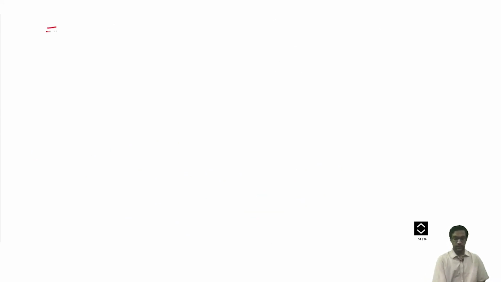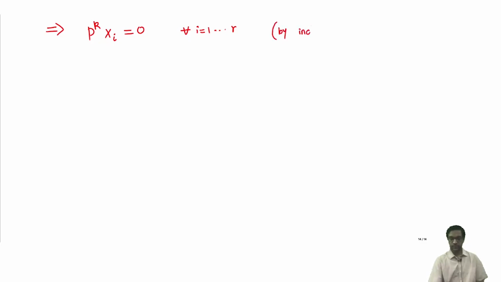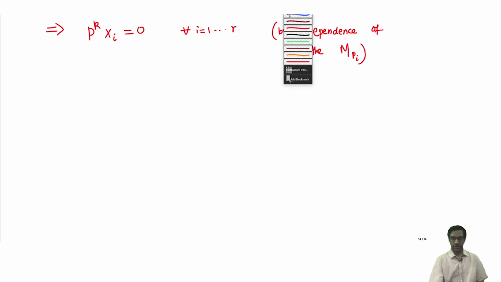Okay, so this means by the independence of the M_Pi's that each of these P to the k xi is 0, for all i equals 1 to r. And why is this? By the independence.